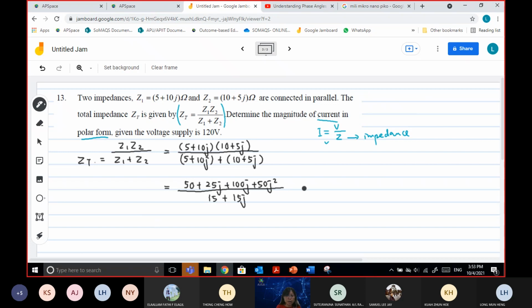The one at the top, this part will be negative 50, so plus 50 will be 0. So we have 125J at the top. The bottom is 15 plus 15J. So this is after we simplified.